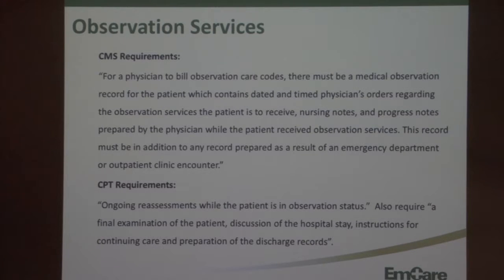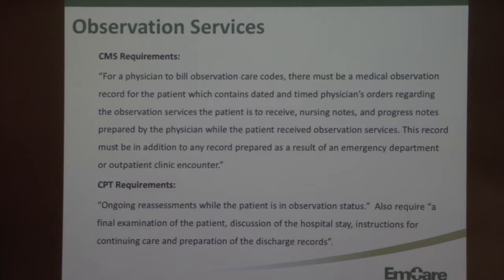Next slide. We talked about the CPT requirements for that order or statement, but it also requires ongoing reassessments. It does not delineate how many reassessments there should be. However, arbitrarily, we've stated that would be 3 reassessments.